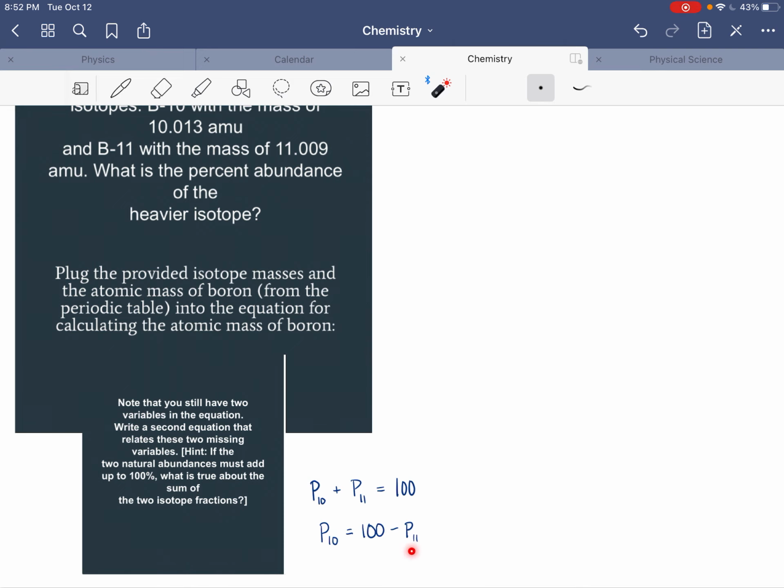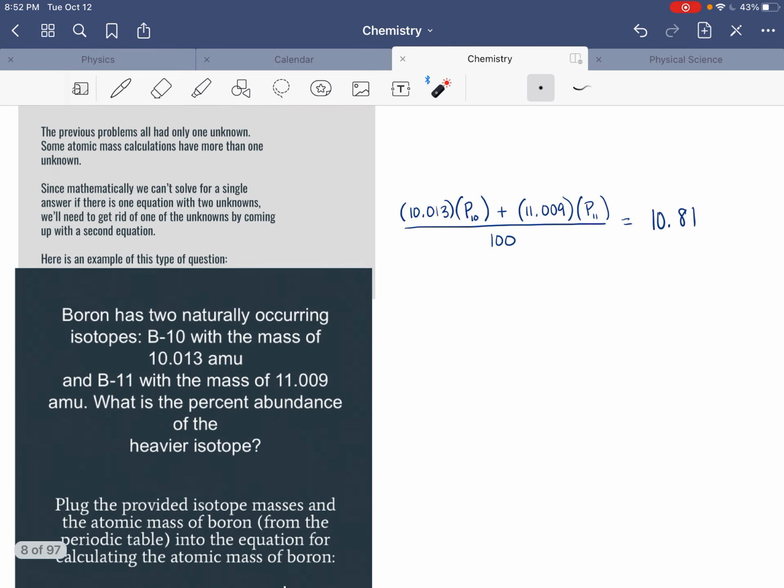So I can plug in this into this equation. So to rewrite my equation, I'm going to have my mass times that equation.